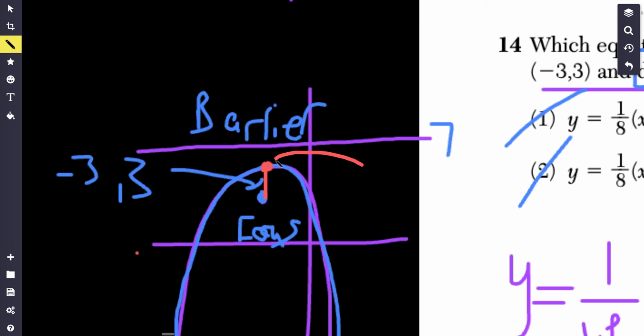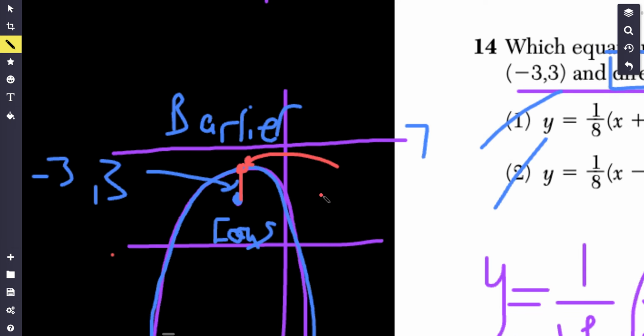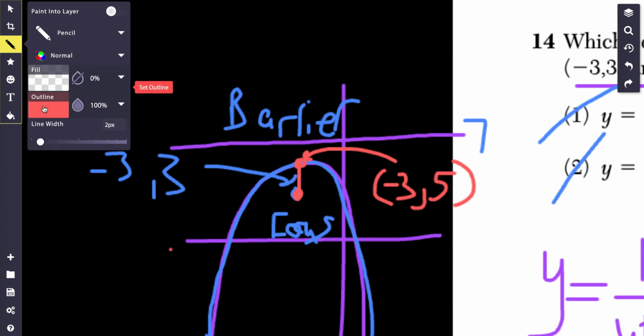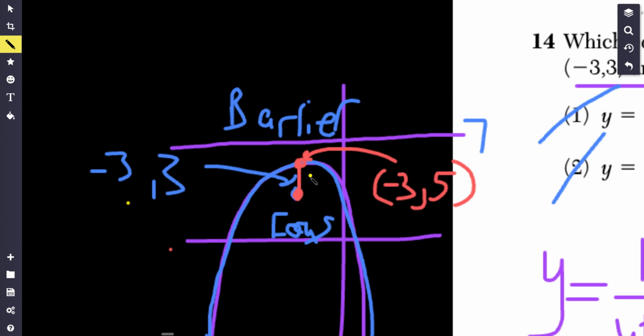So the vertex for our parabola is at the point -3, 5. The reason for this is that the vertex is directly above our focus. So it's going to have the same x value as our focus, right?